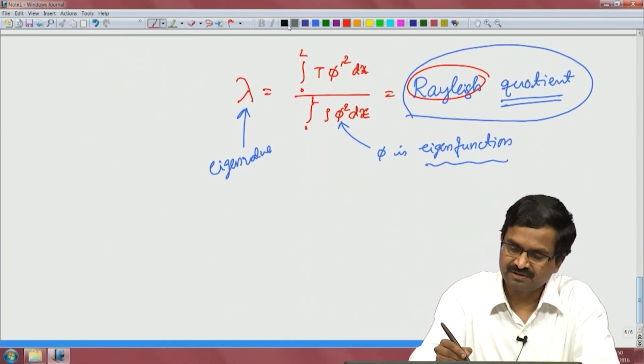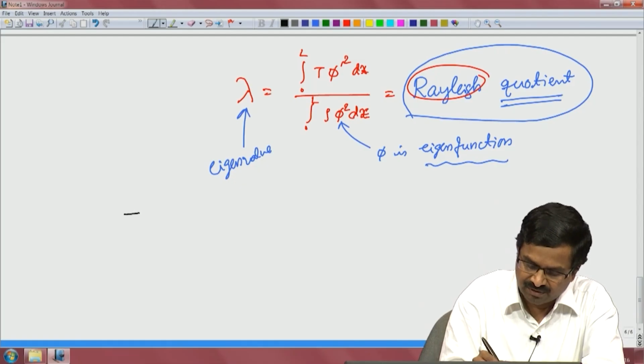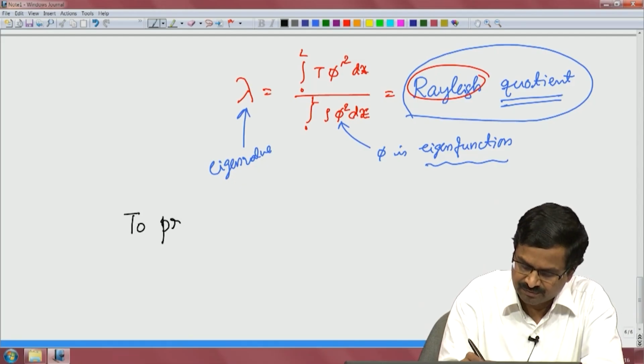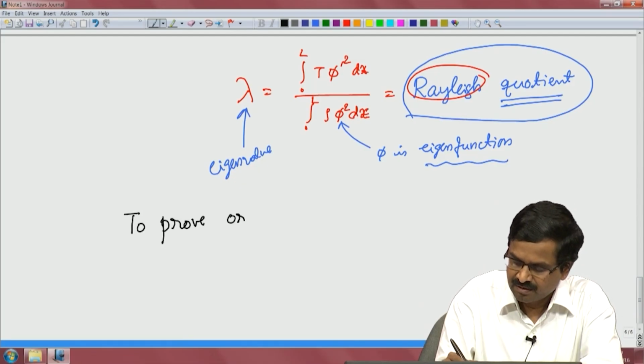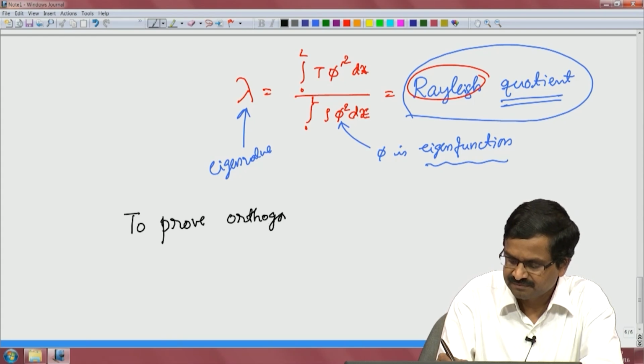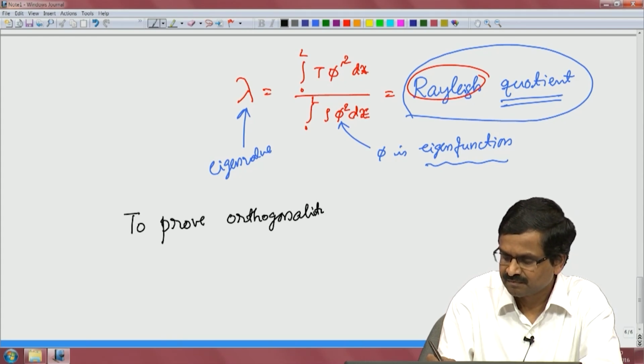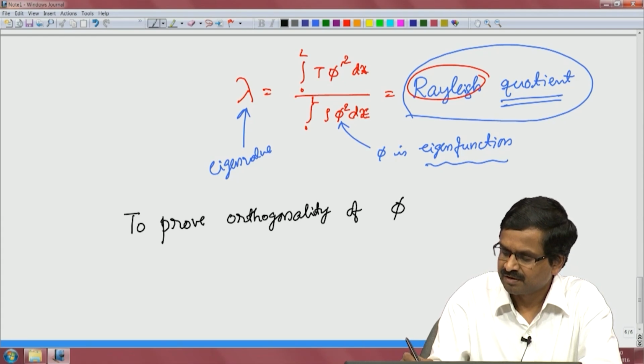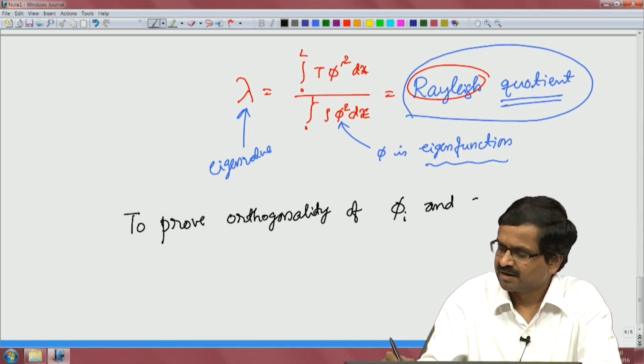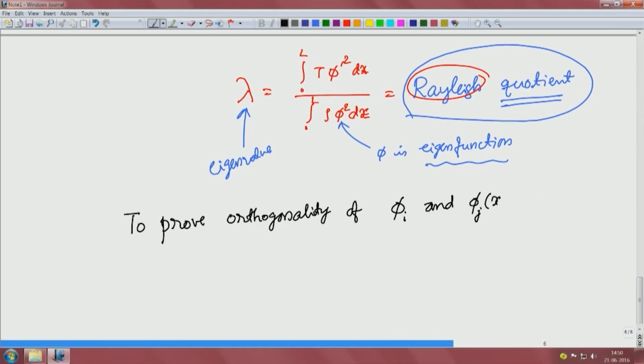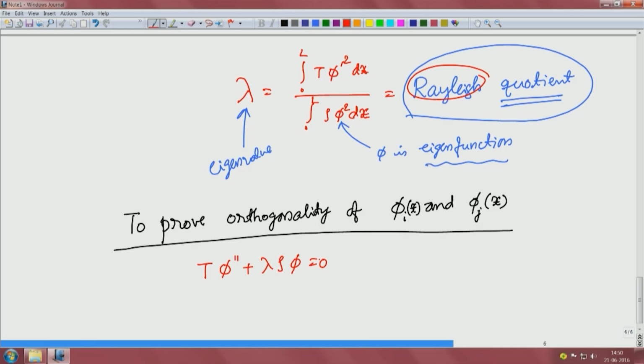So, we want to prove orthogonality of phi i and phi j. Again remember, these are functions of x, phi i of x, phi j of x, that is what we want to prove. Our starting point is the equation T phi double prime plus lambda rho phi equal to 0.